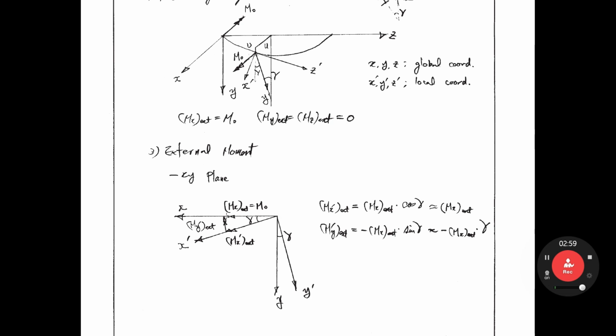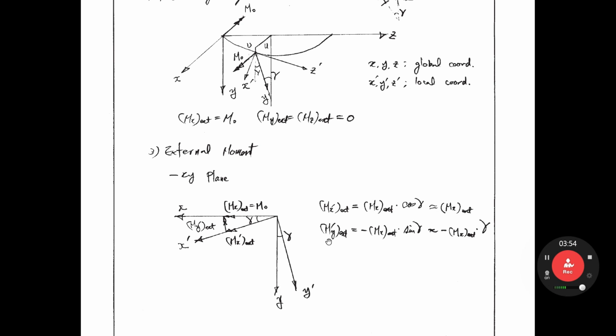This moment can be divided into mx prime external, that is local coordinate, and then this y. Let's calculate the moment of local coordinate from the moment of global coordinate. Mx prime external is equal to mx external times cosine gamma, right? Gamma is the small angle, so you can write mx external like that.